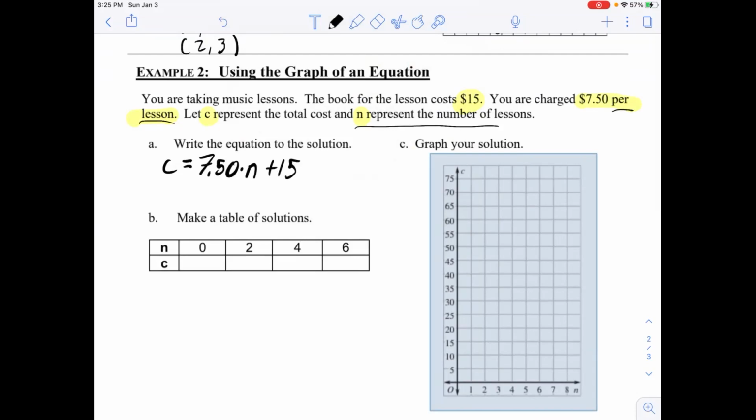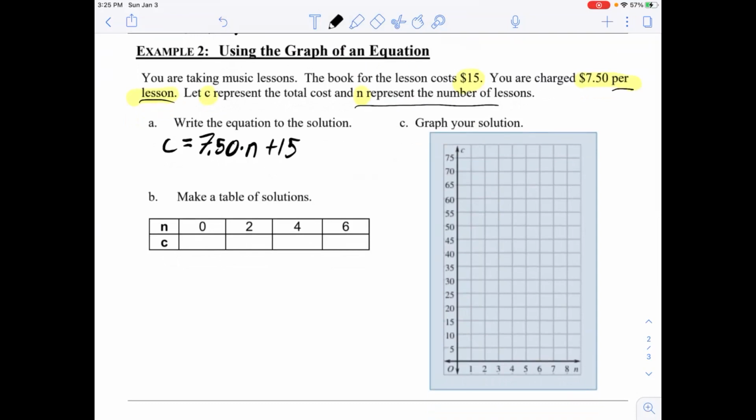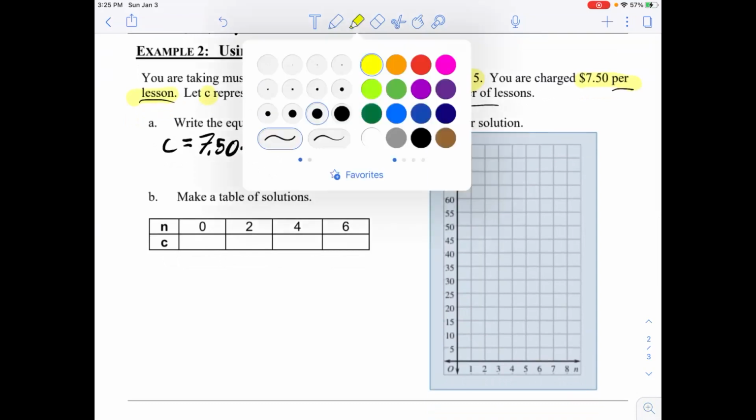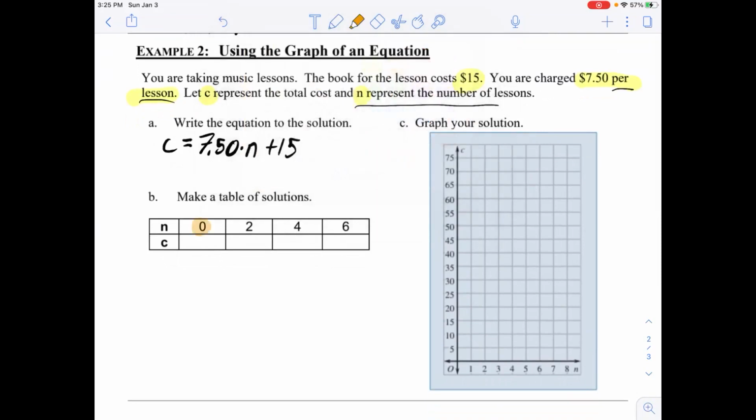Now that I've written my equation, I can make a table for the solutions. So all we're going to do is take each of these n's and plug it in for n there. So for n is 0, I would do 7.50 times 0 plus 15. 7.50 times 0 is 0, plus 15 gives me 15.